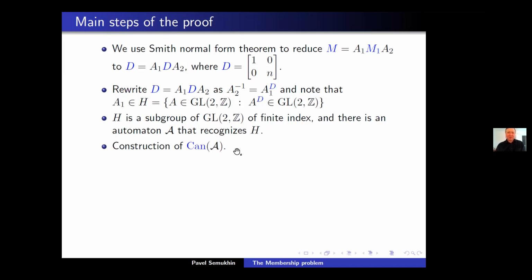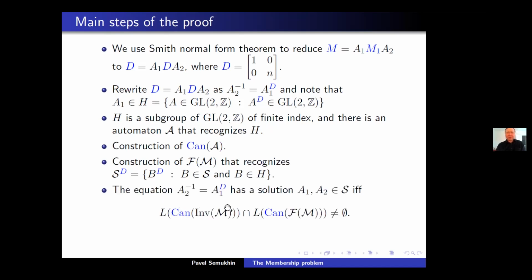Then we also used the construction of the canonical automaton, and then we constructed an automaton f of n, which recognizes the conjugates from the semigroup S which have integer coefficients.